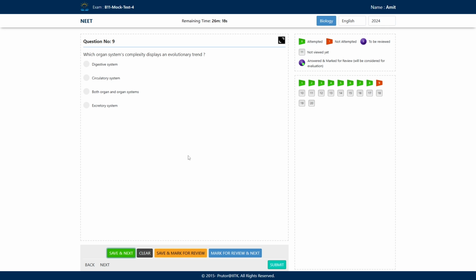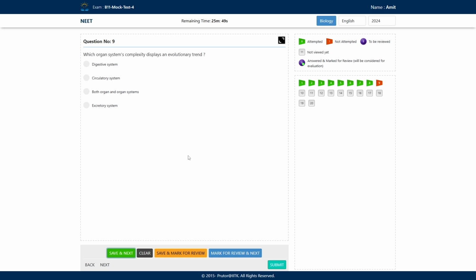Which organ system's complexity displays an evolutionary trend? A. Digestive system. B. Circulatory system. C. Both organ and organ system. And D. Excretory system. Where do you see the evolutionary trend while studying the internal systems?